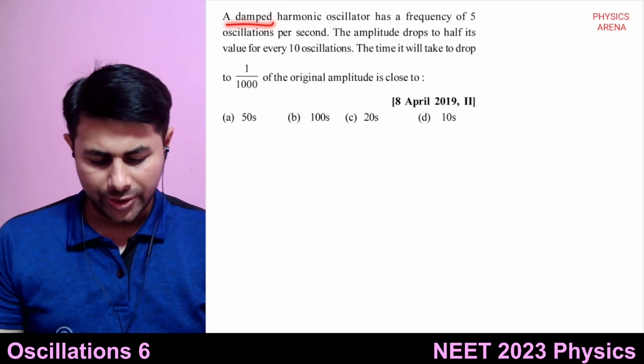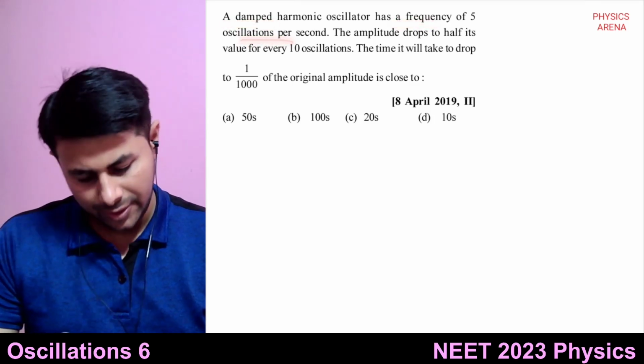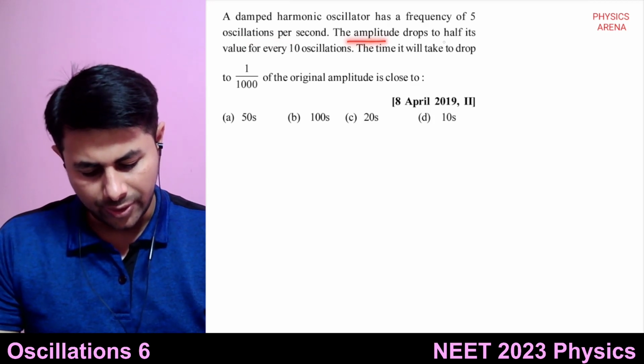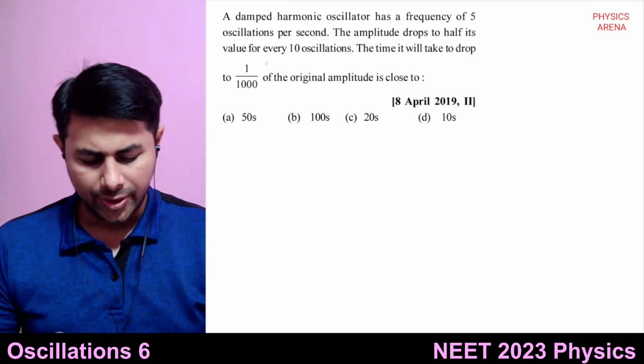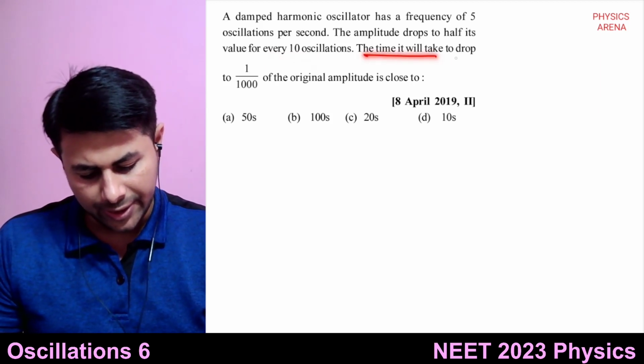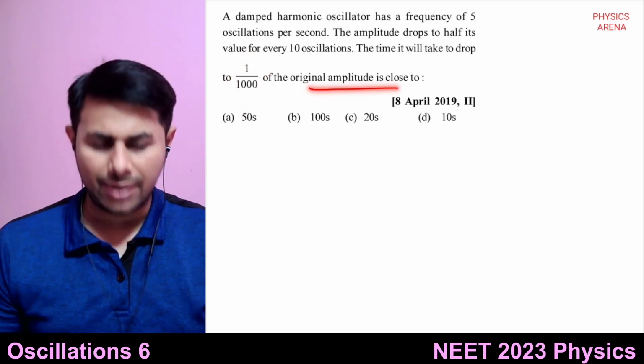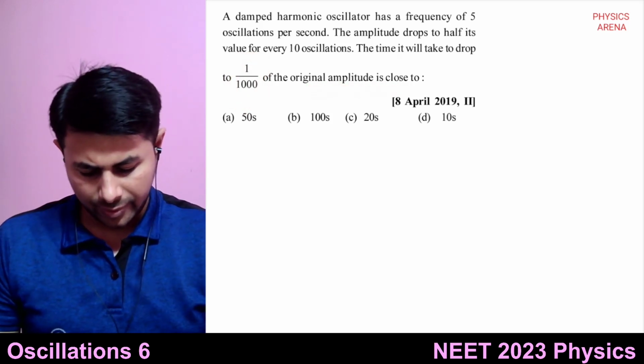A damped harmonic oscillator has a frequency of 5 oscillations per second. The amplitude drops to half its value for every 10 oscillations. The time it will take to drop to 1 by 1000 of the original amplitude is close to.